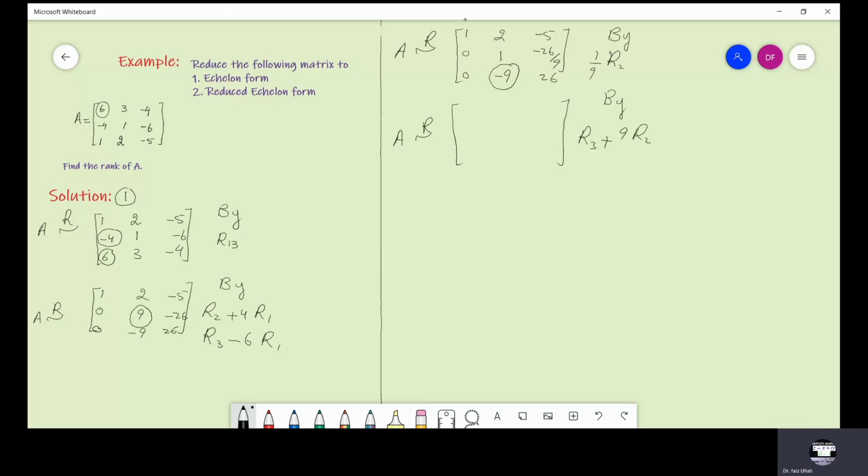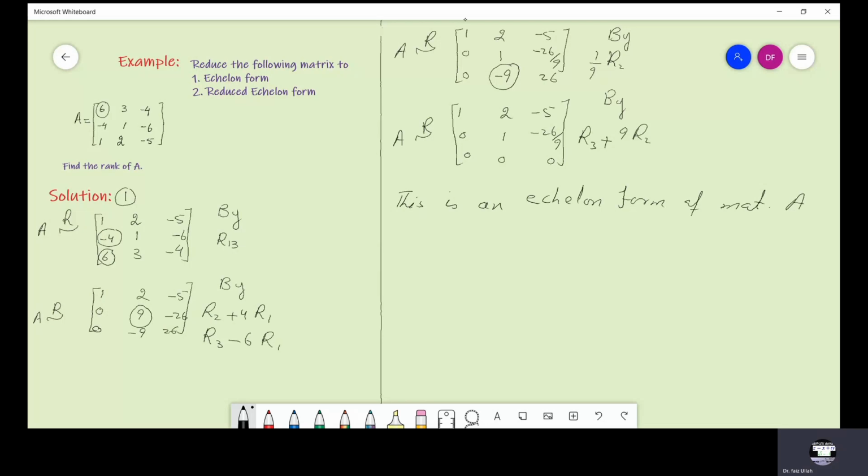So we will get 1, 2, minus 5, 0, 1, minus 26 by 9, and this is now 0, and you can see this is 0, and again you will see that this point is also 0. So this is an echelon form of matrix A.